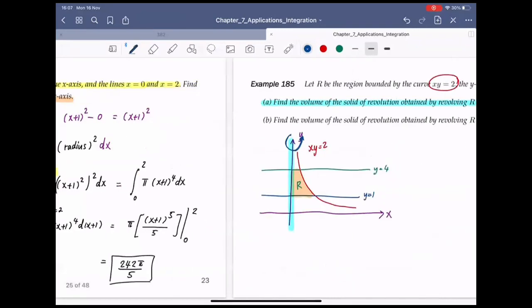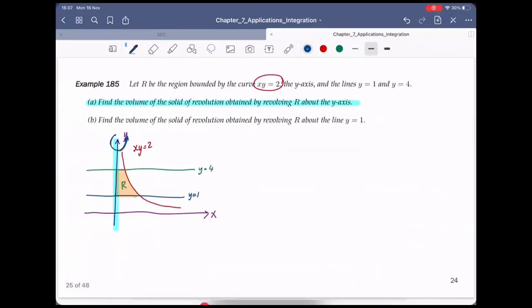It means that when you want to compute the volume of the solid here, the axis of rotation is the y-axis, so I need to draw a horizontal line here, because once I rotate, I'm going to get a circle, the cross-sectional area to be a circle. This is what I want.